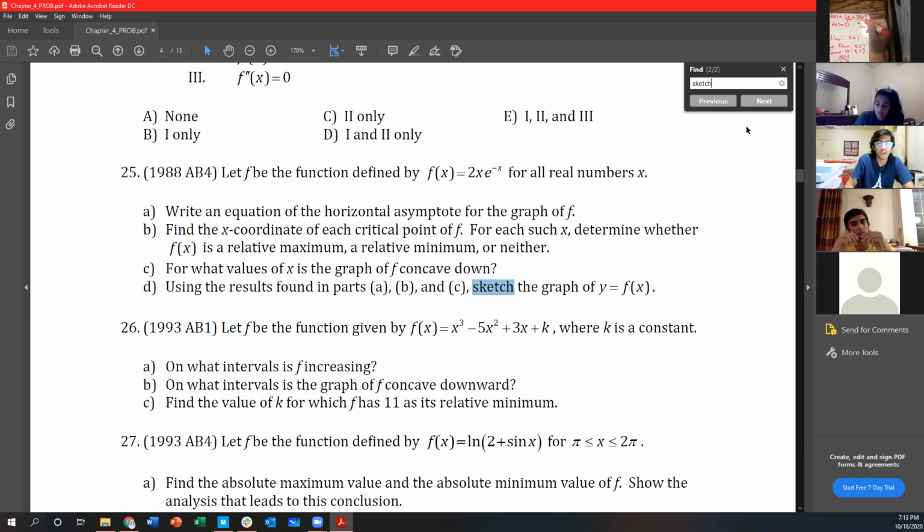Because it's 2x and not 2x squared, if it was 2x squared, then we would have approached positive infinity. But it's just 2x e to the x, and therefore it's negative infinity. That's why instead of positive infinity, it'll actually be negative infinity, which makes more sense because it's concave down. Okay, this is an accurate representation, I'd say, of the graph.